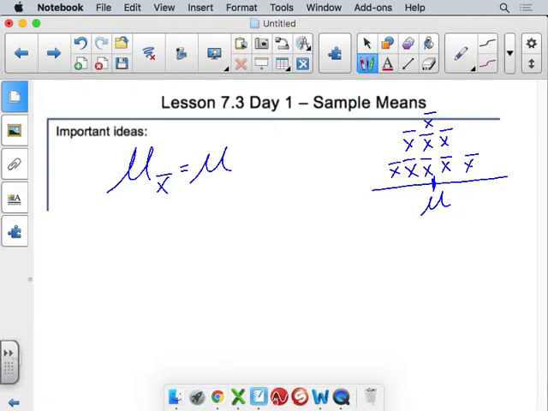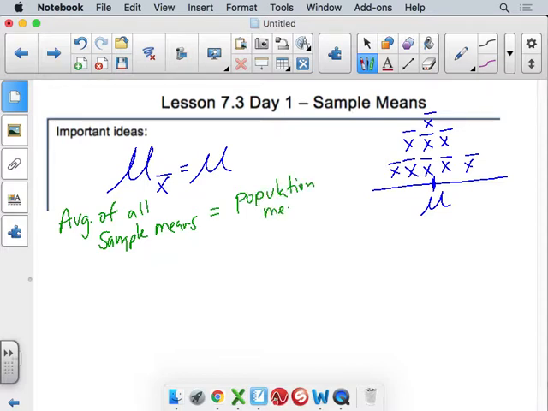So this means the average of all sample means equals the population mean. Where the average of all possible samples of that size, the average of all of those sample means, should equal your population mean.